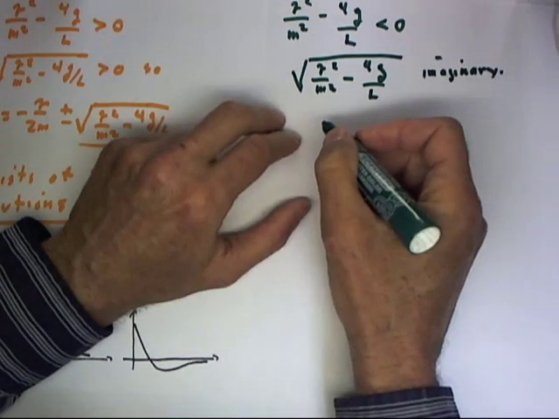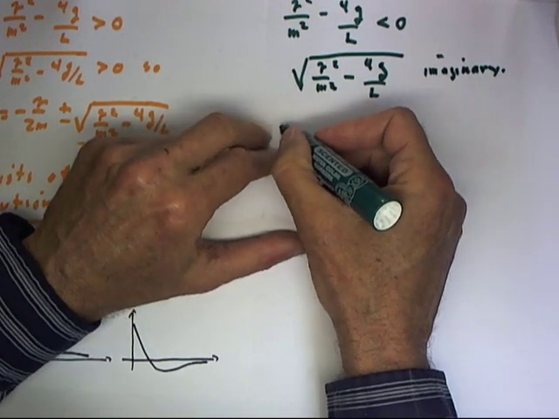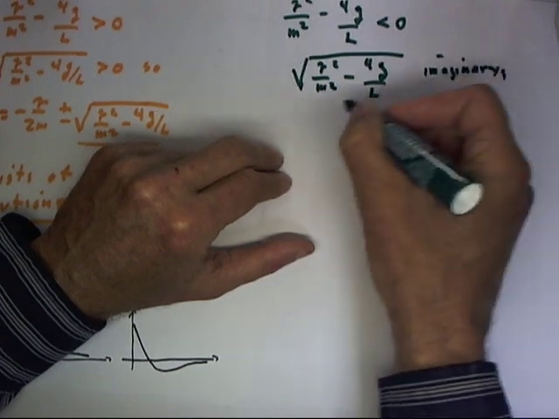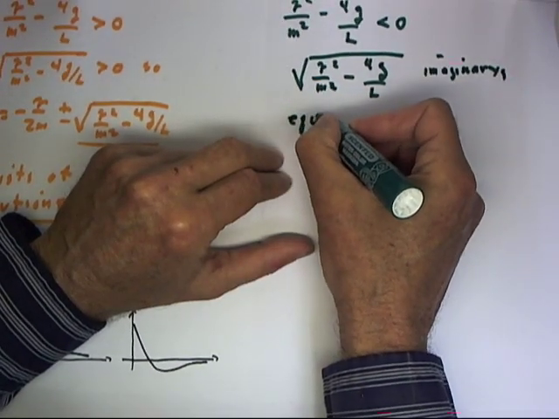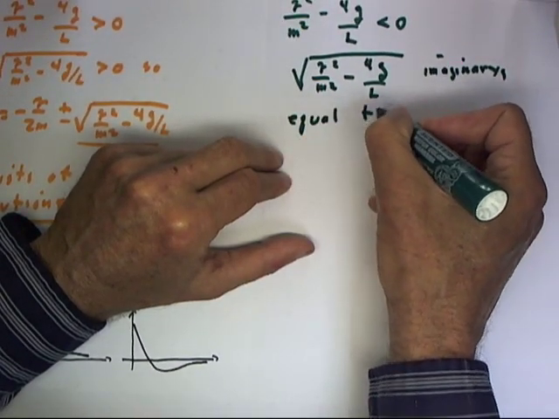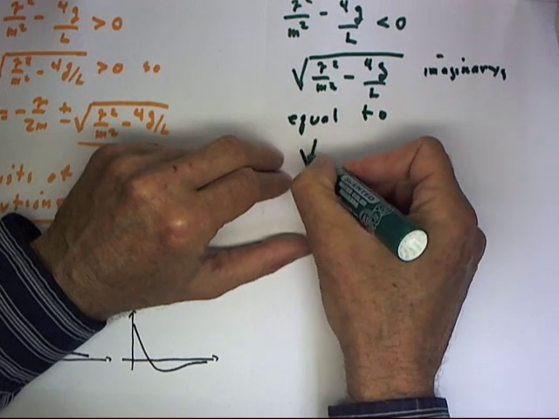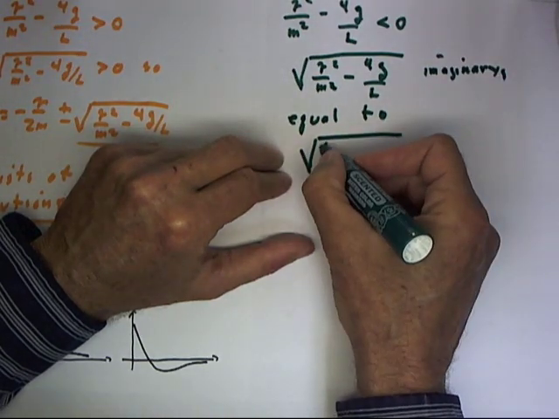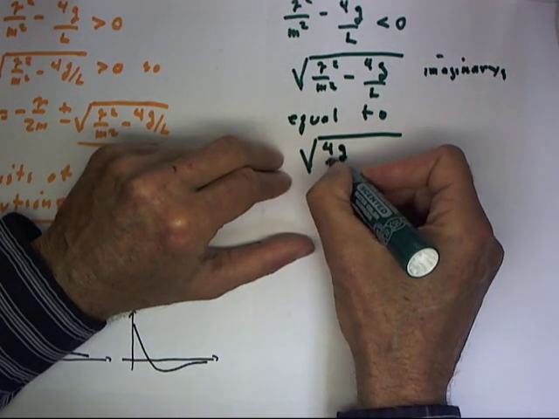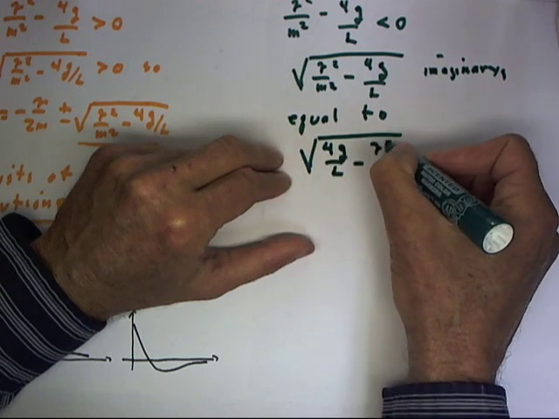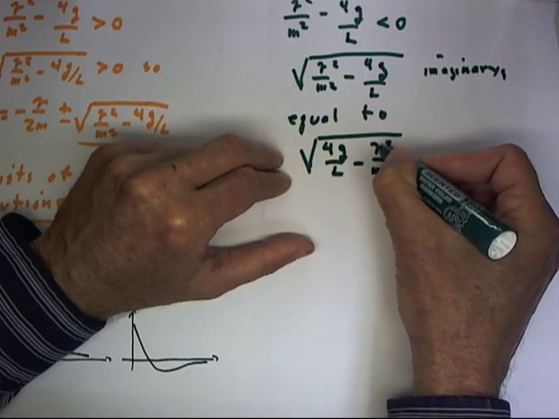You can work out the details, but it's going to be equal to square root of 4g over L minus gamma squared over m squared.